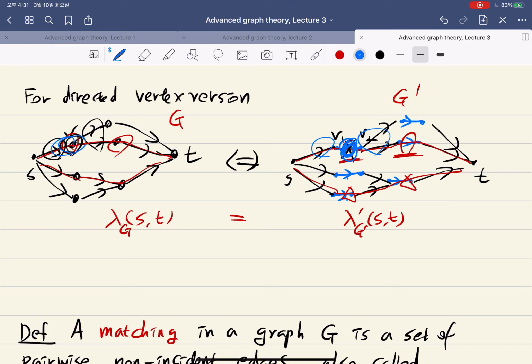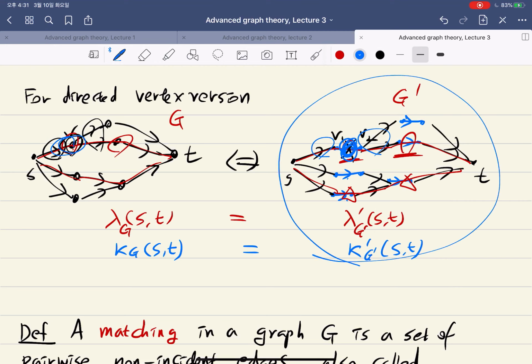So from that, you can easily check that the kappa prime in this G prime is the same as kappa of G st. Since we already proved the edge version of Menger's theorem, you apply the edge version of Menger's theorem here to show these two are the same. Then, because these two are the same and these two are the same, we can conclude that these two are the same. So that's the directed vertex version.